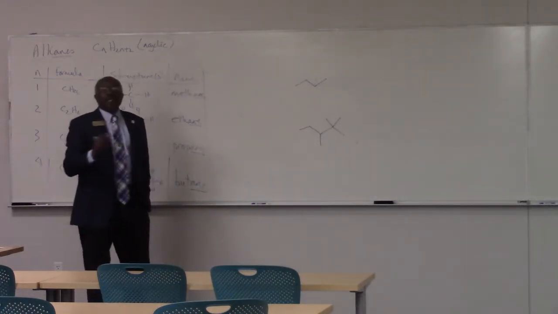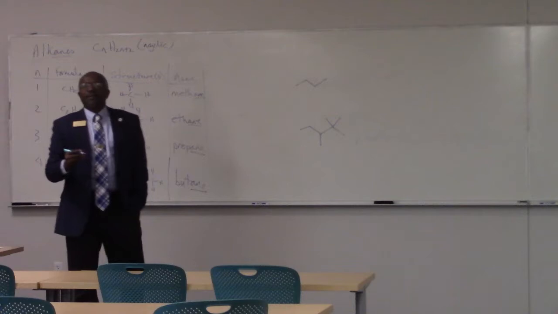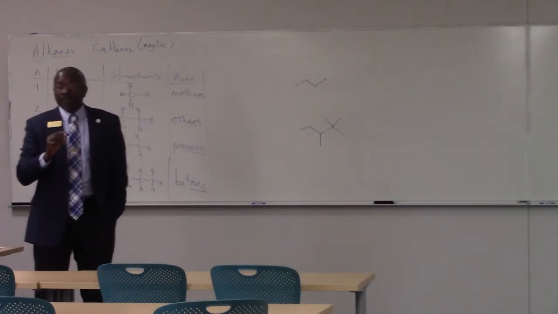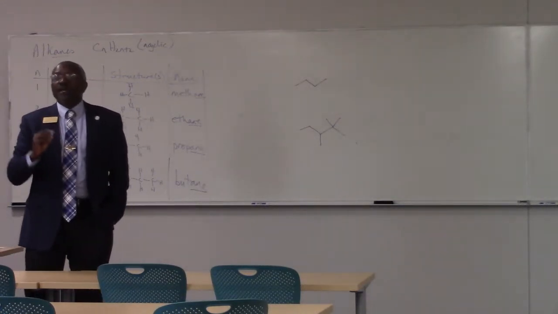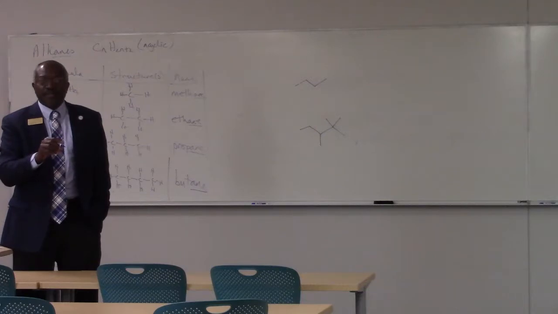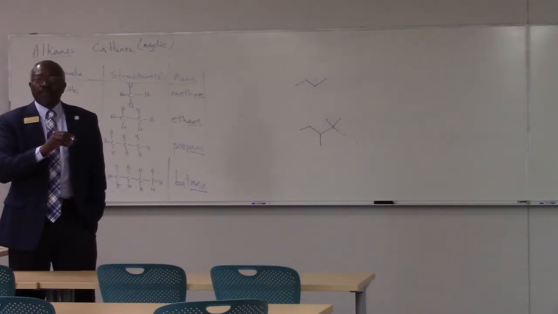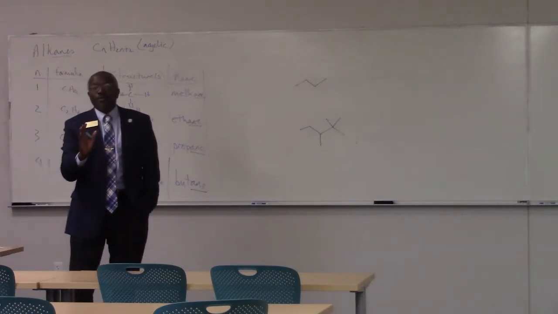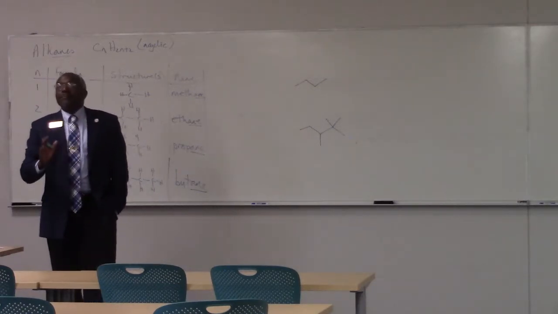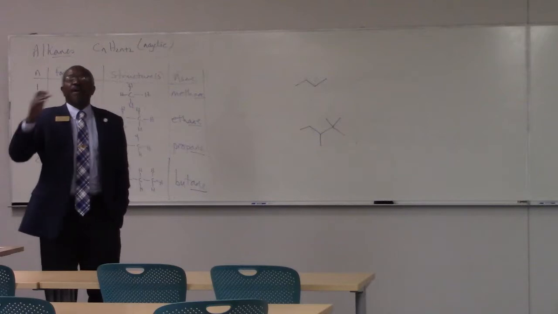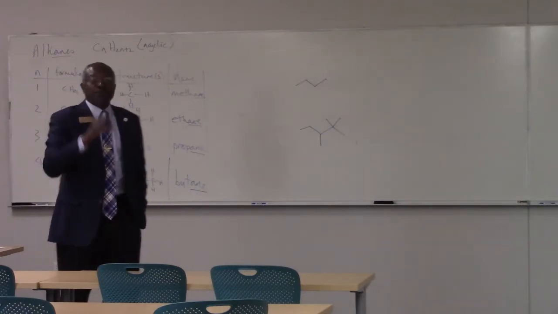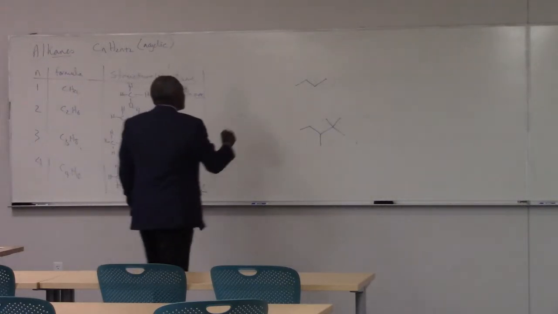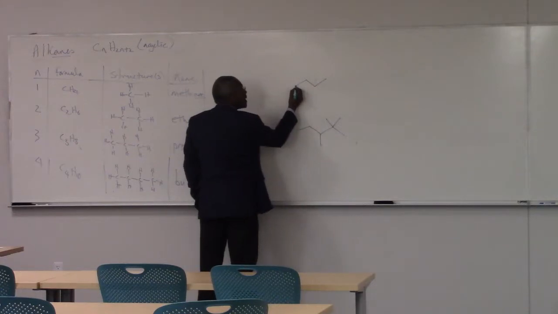We are going to subclassify individual carbons in an alkane based upon the number of other carbons that it's bound to. For example, this carbon is bound to 1 carbon directly.